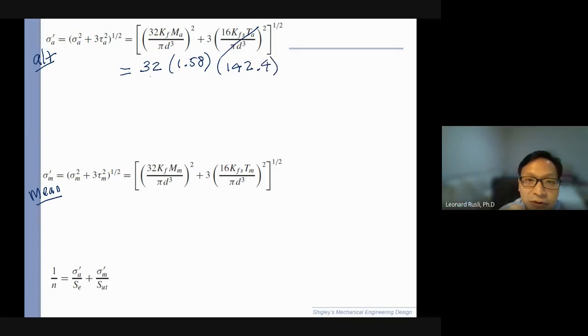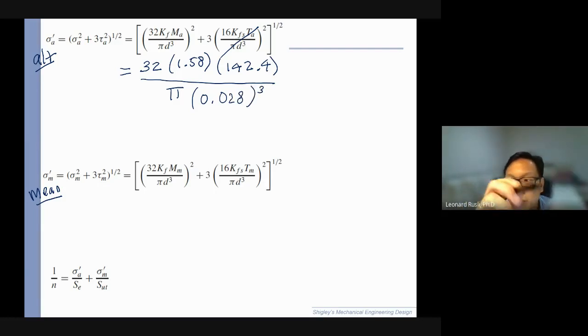KFS for torsion, yeah. And the D here is the small d. You notice that the small d is the one that is governing the shaft design here, not the big D, because obviously it's a bigger stress. So that's the alternating stress.